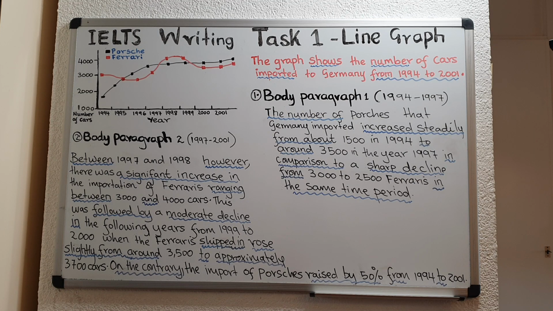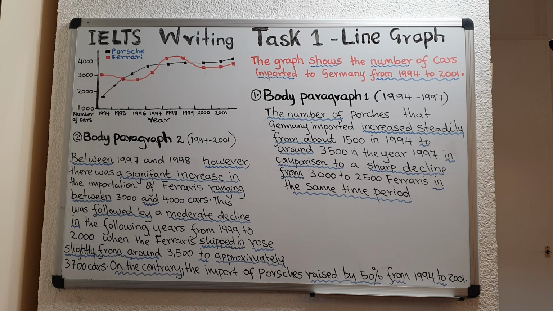Now, for you to be able to write your body paragraph 1 and body paragraph 2, the first thing you have to do is look at the information or the data that is provided in the graph and then divide that into 2 parts.